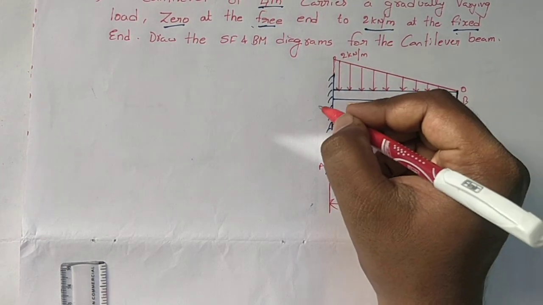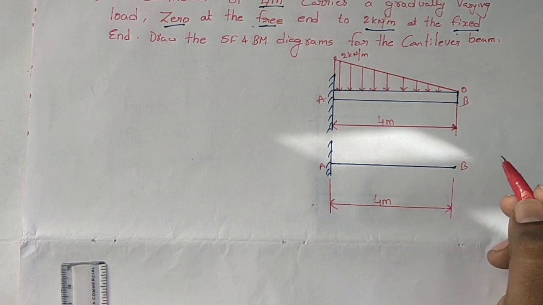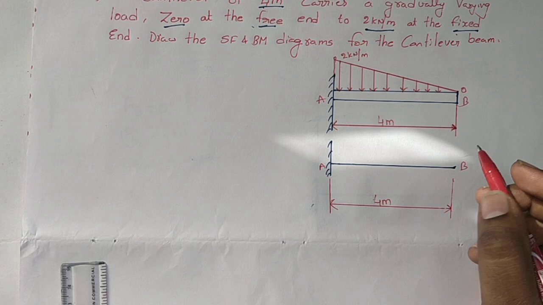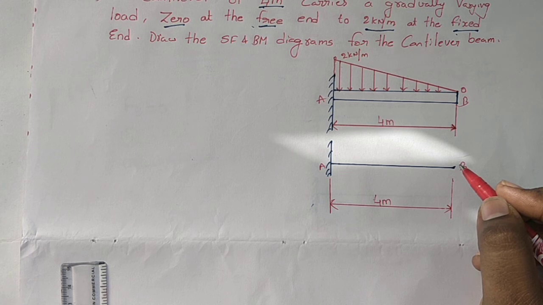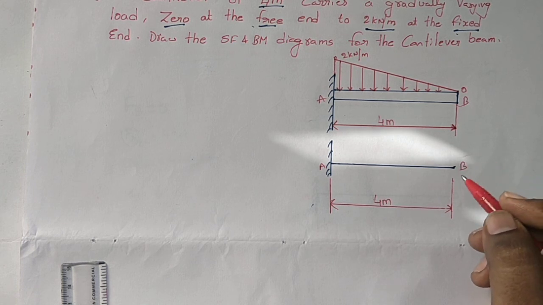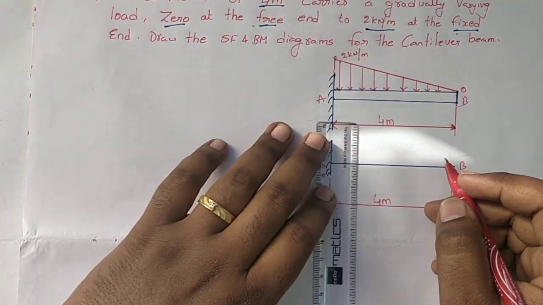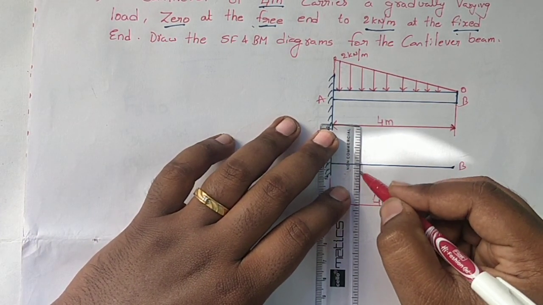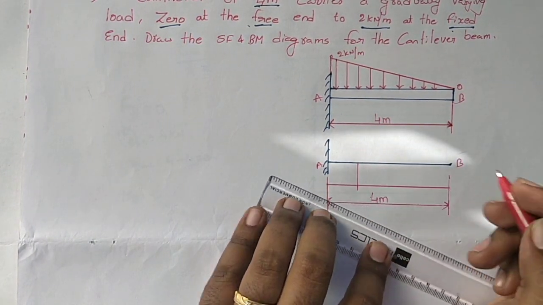But in this case the converted load acts at 2L by 3 distance from the minimum load and L by 3 distance from the maximum load.